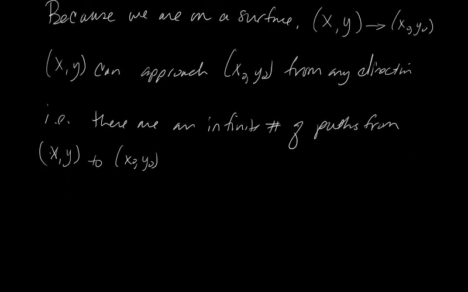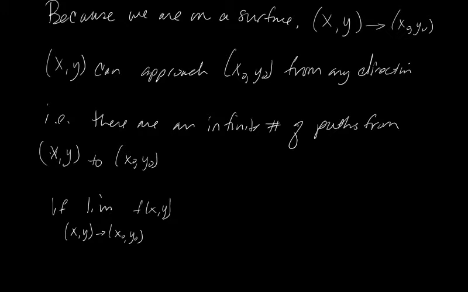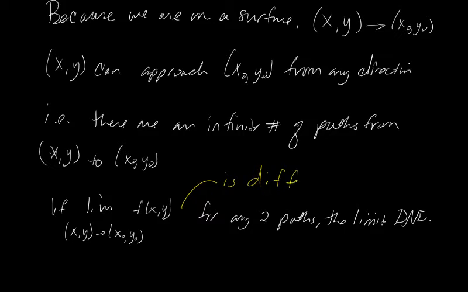All right, so if the limit as x, y approaches x naught, y naught of f of x, y is different for any 2 paths, the limit does not exist. Oh, I forgot to say is different. Is different for any 2 paths, then the limit does not exist.